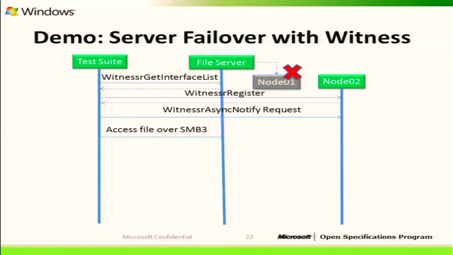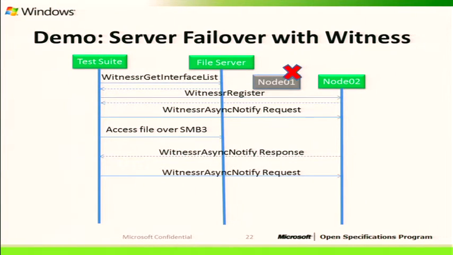Now we disable node 1 to simulate the failover. The witness service on node 2 replies to the client with the resource unavailable notification in this case. Then our test suite will again send the async notify request.